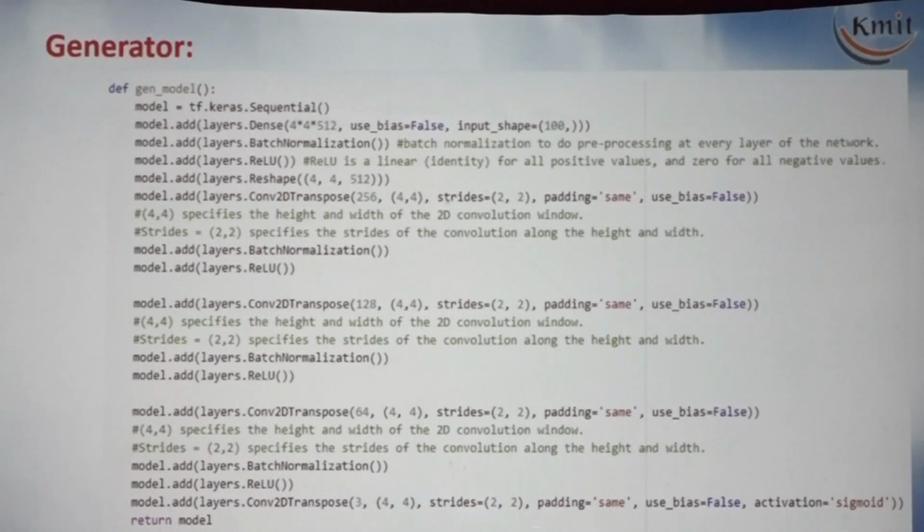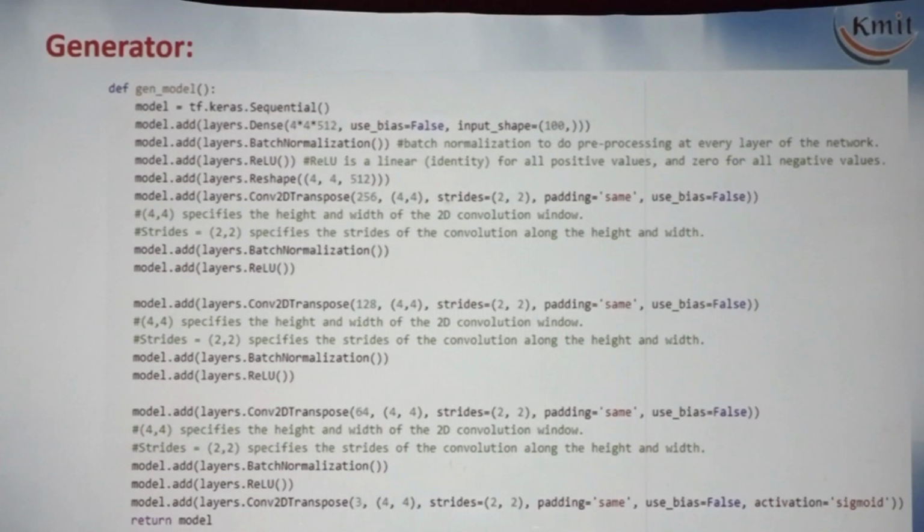If you are going through ReLU, there may be a problem, so it is better to go for tanh. Tanh activation is better in most cases, though sometimes you can try ReLU also. Here in this example we have given ReLU. After that I reshape it to 4 by 4 by 512.